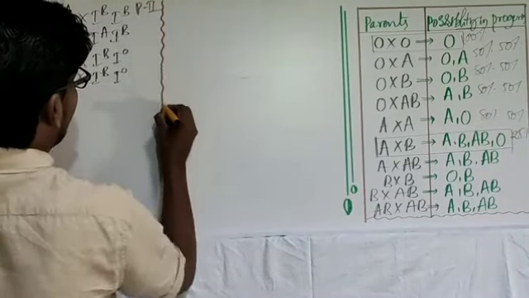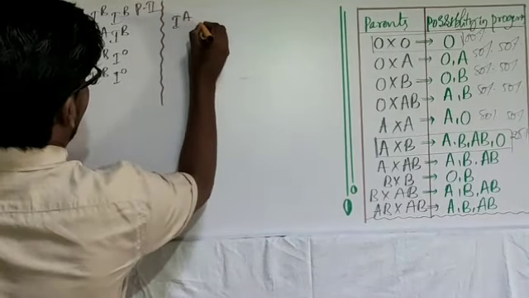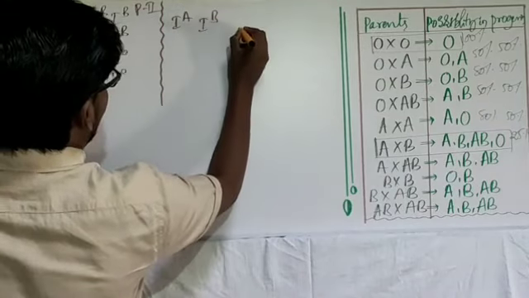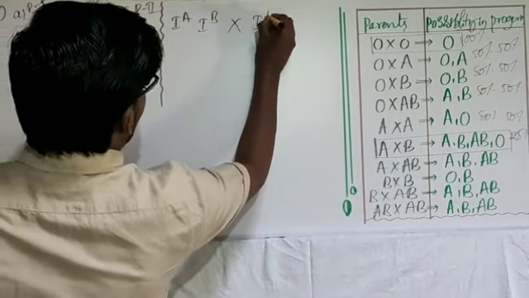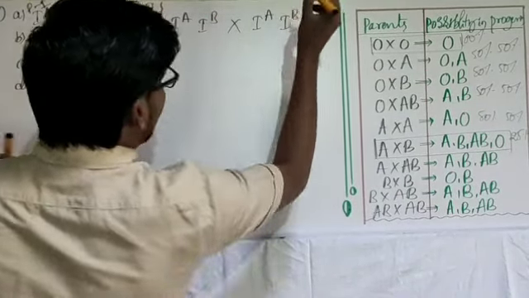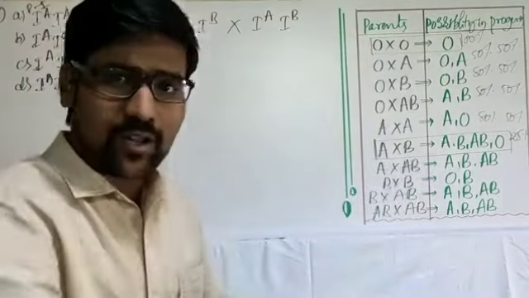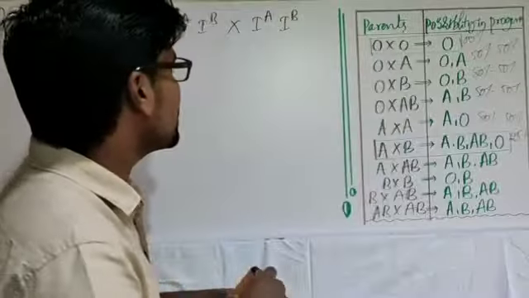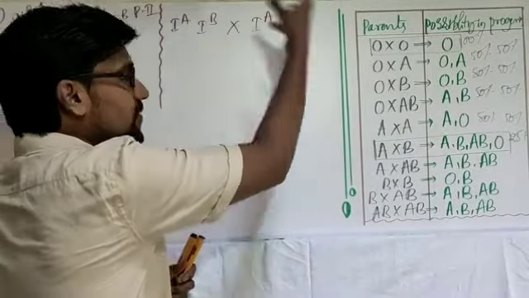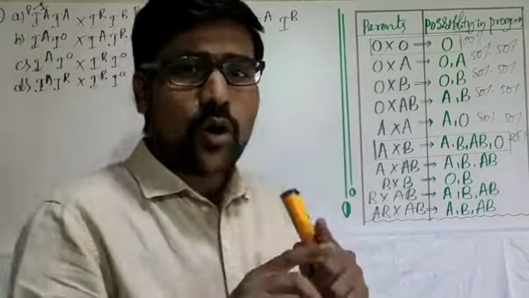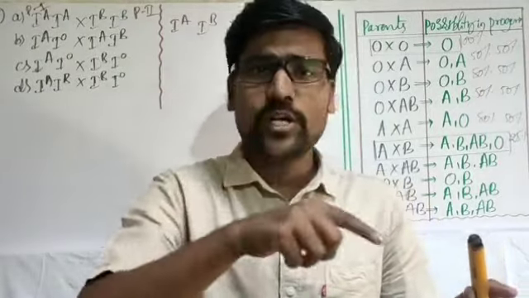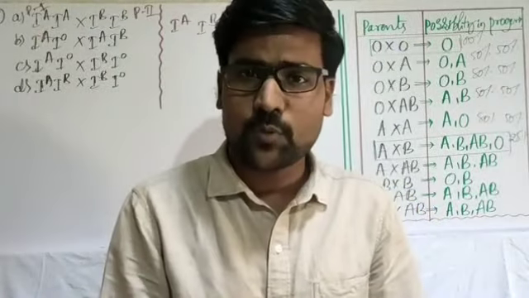Let me consider here IA IB cross IA IB. Keep one thing in your mind: you can apply this for all the simplifications. If you are crossing like that, there is no need to write the condition, no need to put the checkerboard.